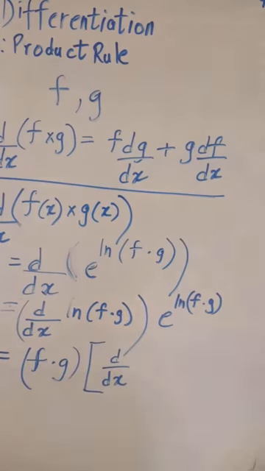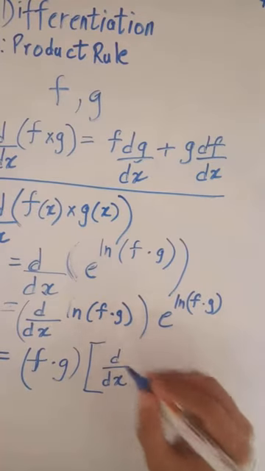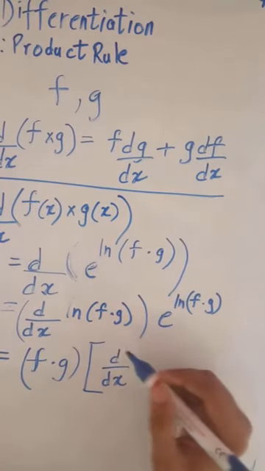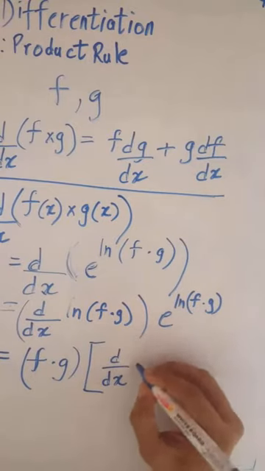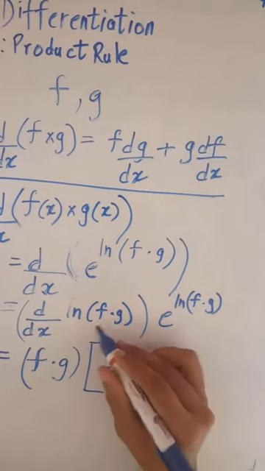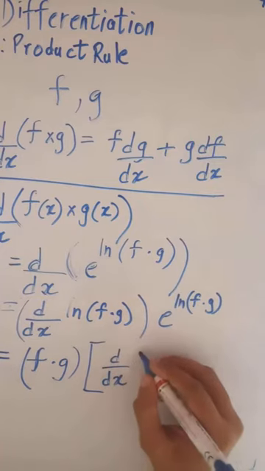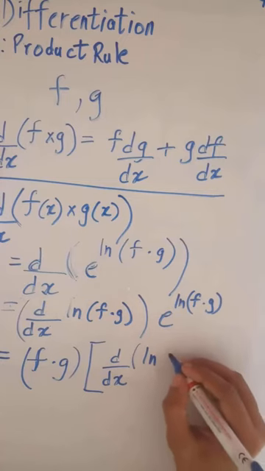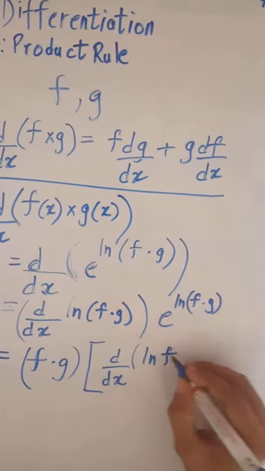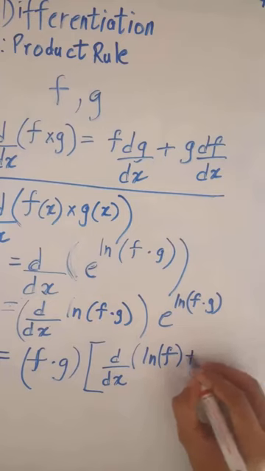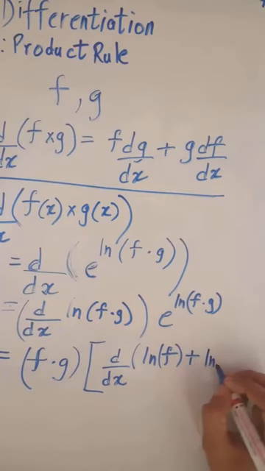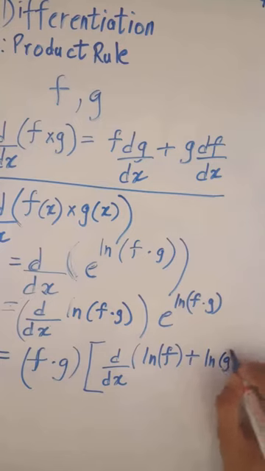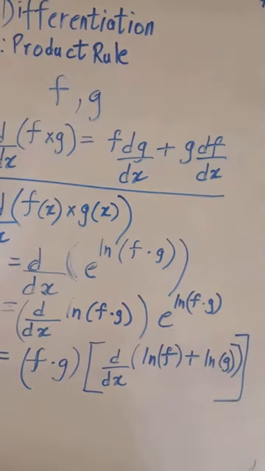But, okay, so let me just erase this. But I'm going to make a slight change. As you know, the property of the logarithmic function, I can write the natural log of the product of two terms as the sum. So this is equal to natural log of f plus the natural log of g. And this is just the property of the logarithm.